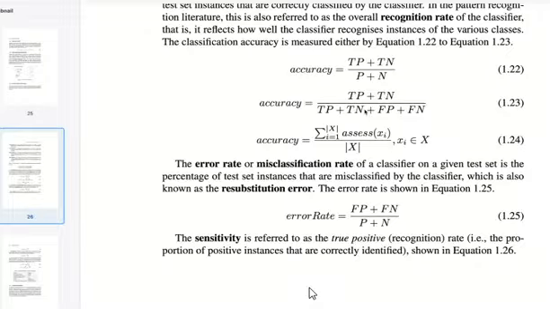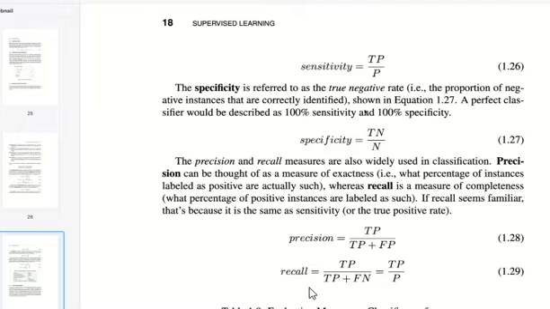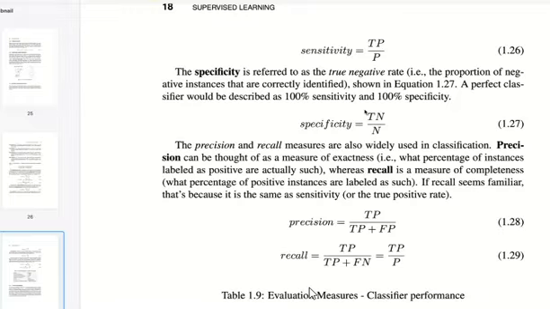Okay. So after calculating error rate or accuracy, we can also find true positive rate and true negative rate. Say for example, TP, true positive divided by only positive examples, is the sensitivity, which is also known as true positive rate.